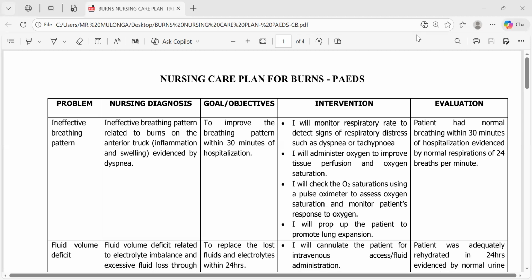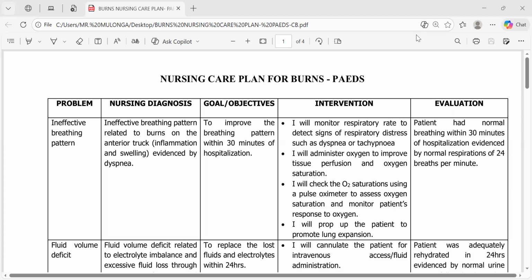The fourth one is I will prop up the patient to promote lung expansion. If you've noticed, the patient is having difficulties in breathing, but I've not rushed to say put the patient in semi-Fowler's, because this is a 2-year-old.